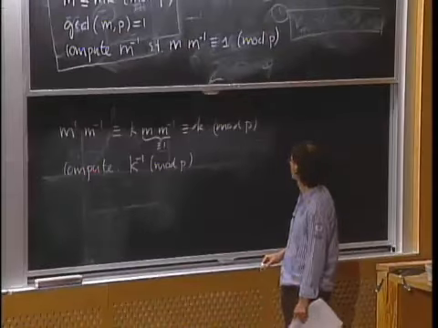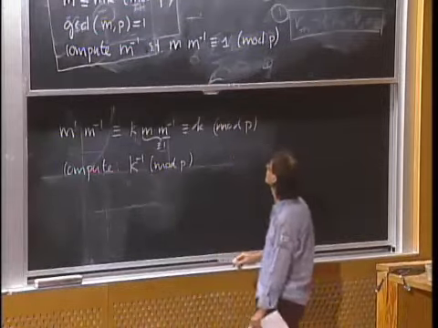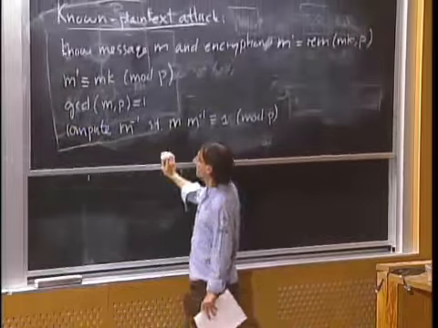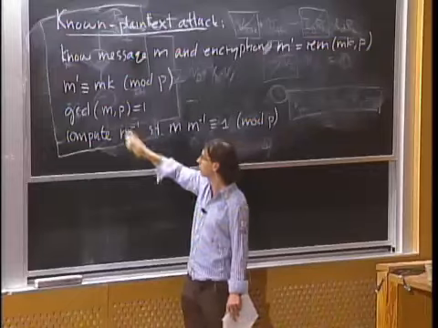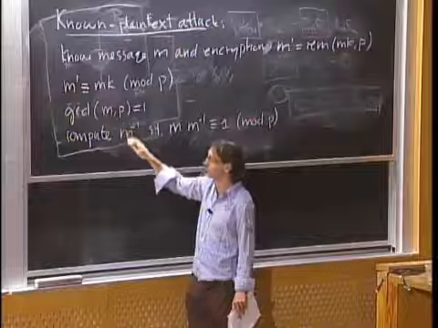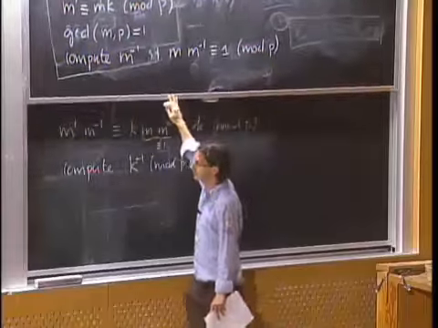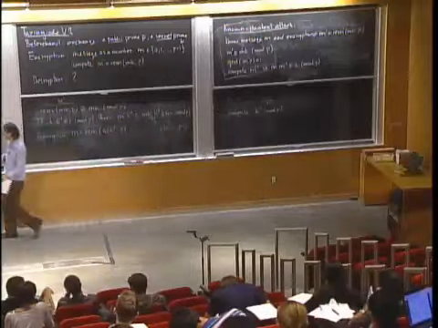We said that we wanted to compute, what was it again? Over here. We started off with the GCD of m and p to be equal to 1, and I know p. And now I can compute the multiplicative inverse of m, and I should have said why it exists. And it exists because of that lemma that I just mentioned up here.